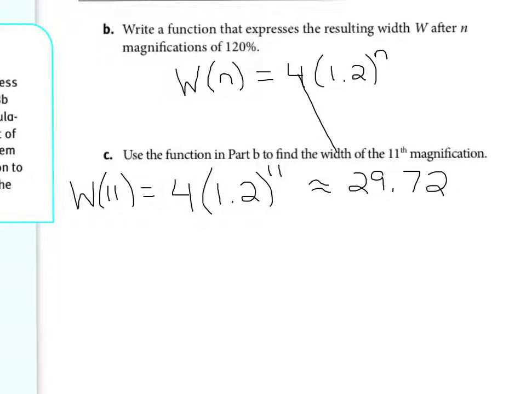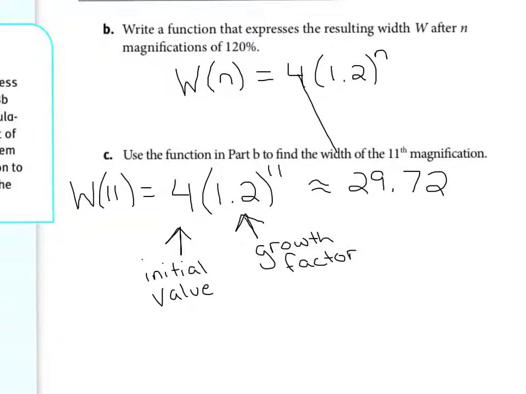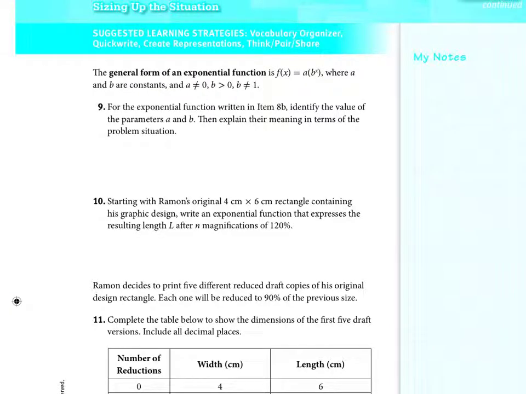So let's think about what all these parts are. What was the 4 for? Well, that was that initial value, right? And where did the 1.2 come from? Well, that was that growth factor. It's what you're multiplying by each time. So in a general exponential function, they're always written like this: a times b to the x.